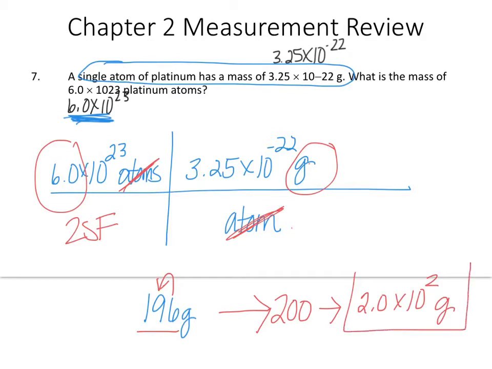And remember, anytime you're moving a decimal into a number that is greater than 1, your exponent is positive. If you are moving it into a number that is less than 1, your exponent is negative. If you are still having trouble writing things into scientific notation, you do definitely need to go watch the tutorial video that is on Canvas.